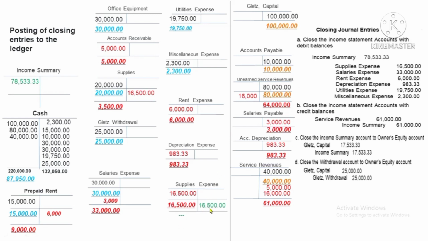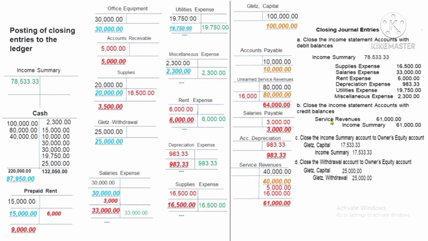We have to credit 16,500 and it will be closed, followed by the salaries expense, credit 33,000 and it will also become zero, followed by the rent expense, credit 6,000 and it will be reduced to zero. We have also the depreciation expense, we're going to reduce that also to zero, and the utilities expense, credit 19,750, so it will become zero also. And lastly, the miscellaneous expense.